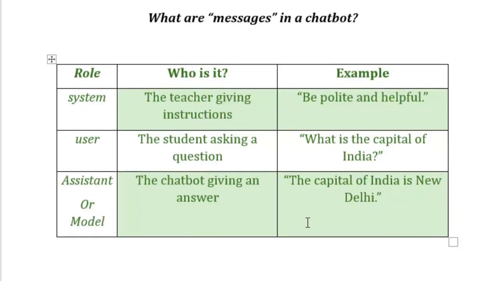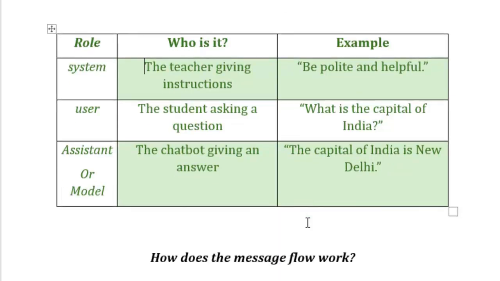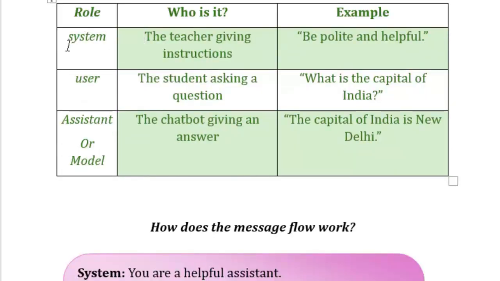As I just said, each message has a role: system, user, and assistant, also called model. Please remember, system role means the instruction or behavior guide for the model, setting the tone and purpose for the entire conversation.